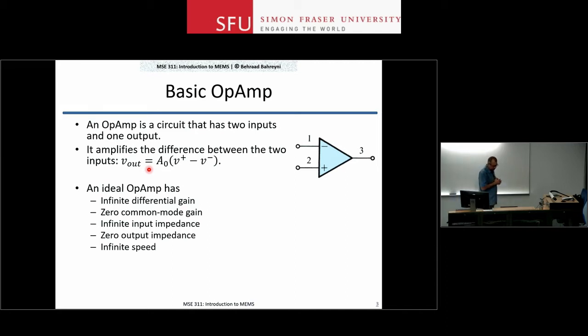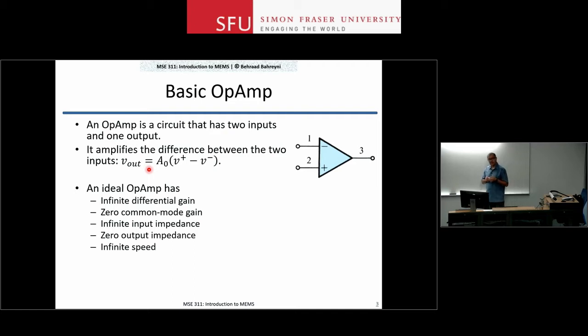So an op-amp has a very large differential gain. It also has a 0 common mode gain. And we'll talk about differential and common mode signals later on in this lecture. But common mode means when the 2 signals are equal. So if V plus is equal to V minus, V out is 0. Right? So there's really no amplification of common mode signals. They are common to both inputs.